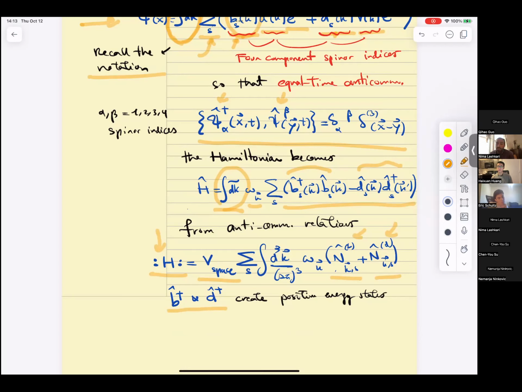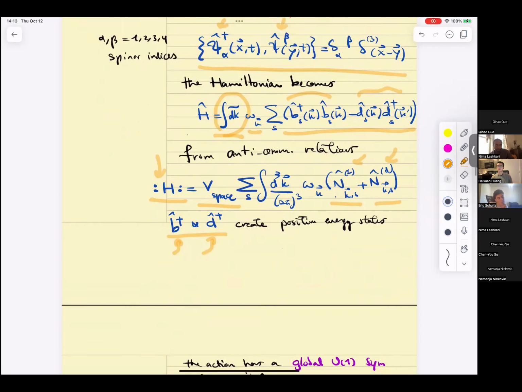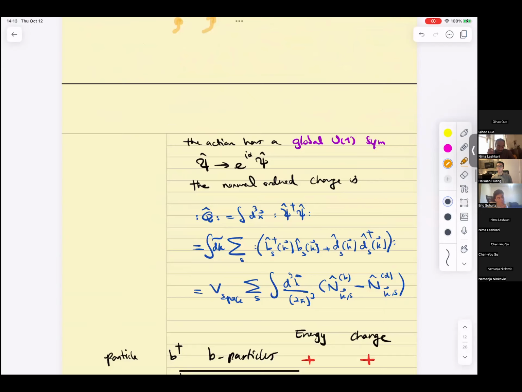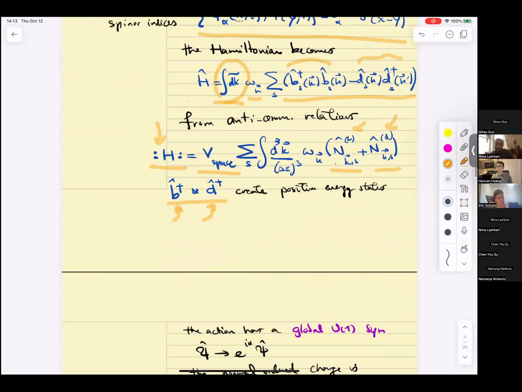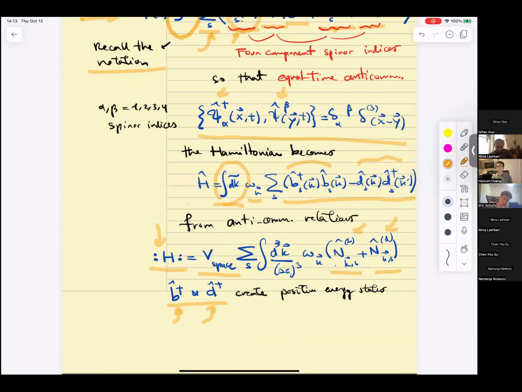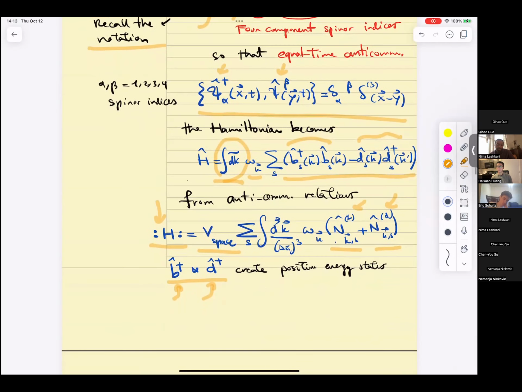We picked this notation because our B dagger and D dagger were creating particles of positive energy, but opposite charges, if you recall from the last lecture. Actually, no, I hadn't said that. They create positive energy particles. Any questions about this expansion?